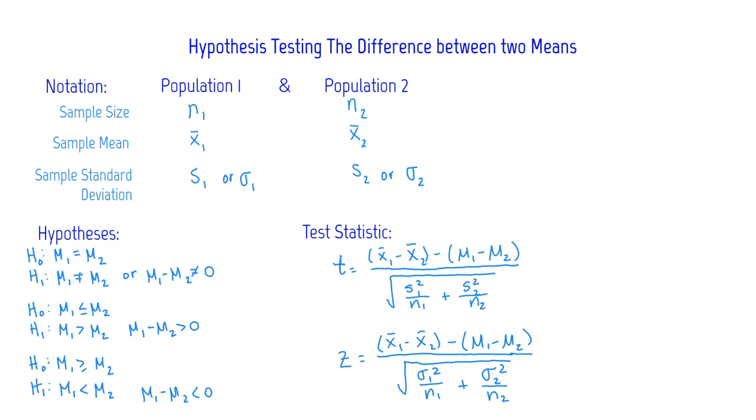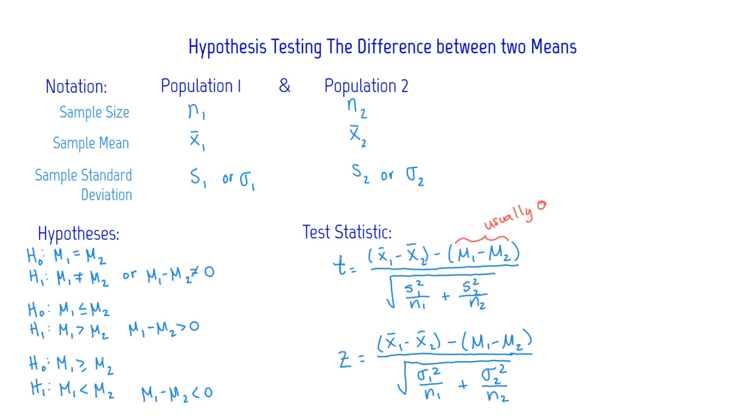Our test statistic is calculated using this formula. So it's the difference in the sample means minus the difference in the population means, which again, remember that this right here, this is usually 0. Unless the problem says otherwise, you can assume that that number is 0. Our test statistic is going to be a t-score, just like we learned in chapter 8 and 9, if we only know the sample standard deviations.